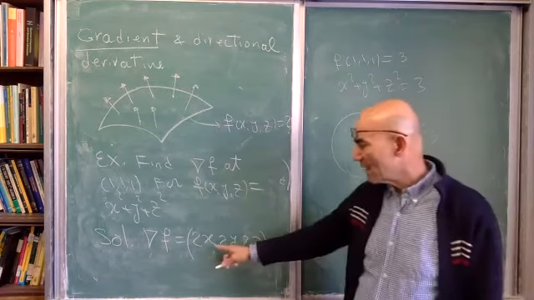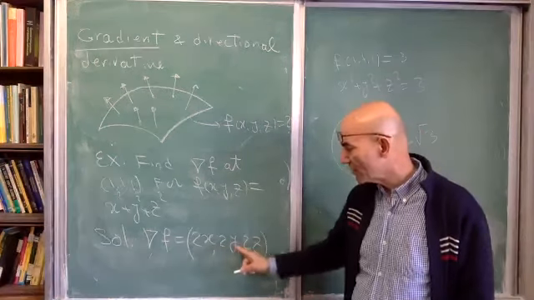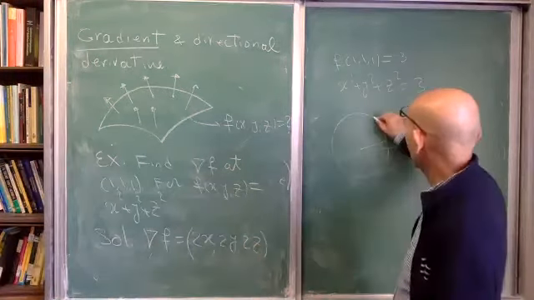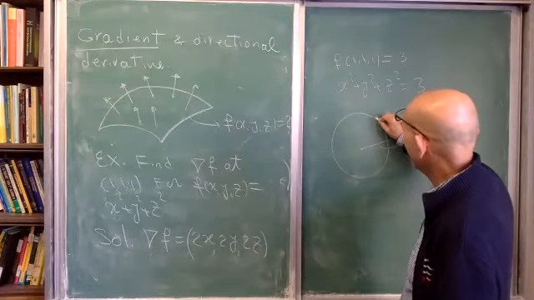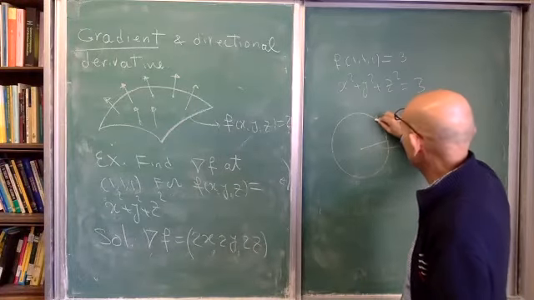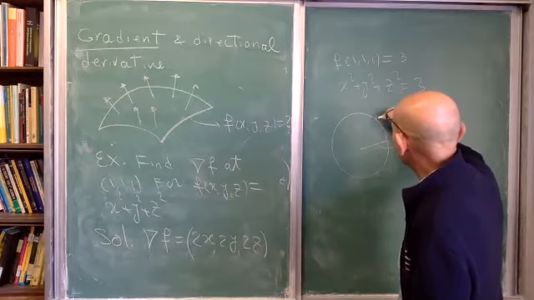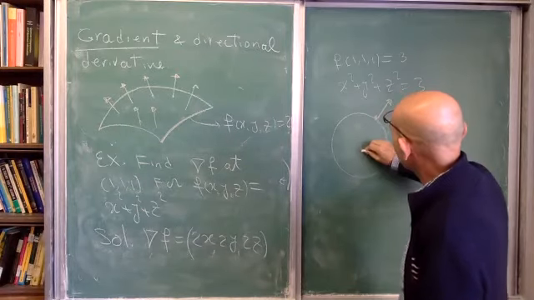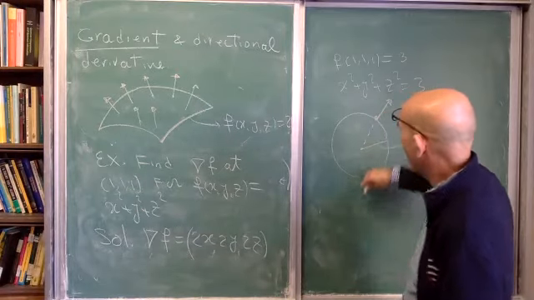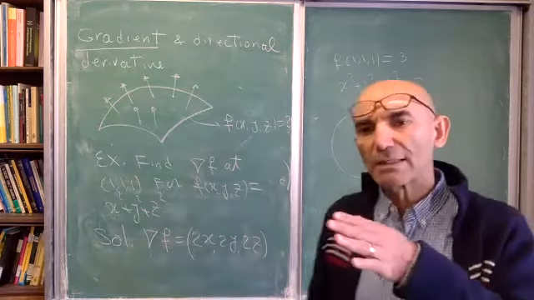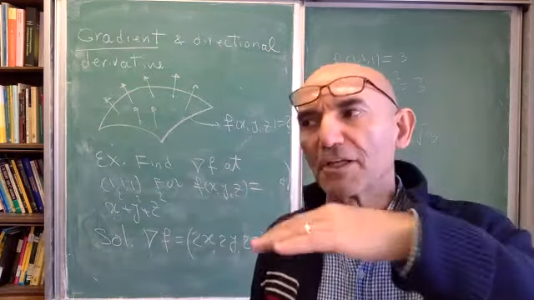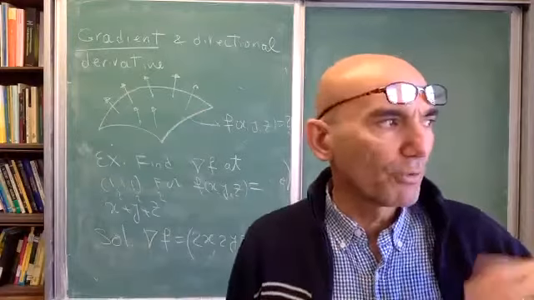And what is the importance of this vector, 2x, 2y, 2z? Look, if you are at the point x, y, z on the surface, the normal to the sphere is exactly along this radial line. This is what you know from geometry.